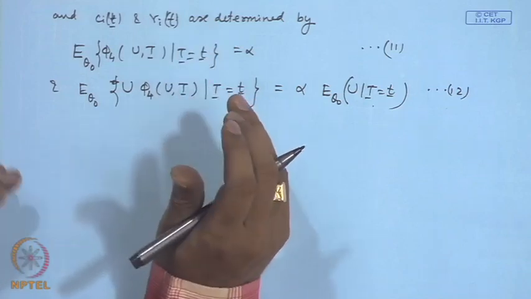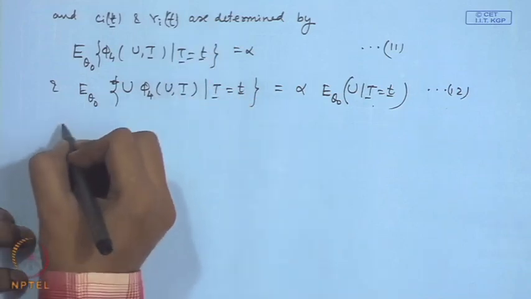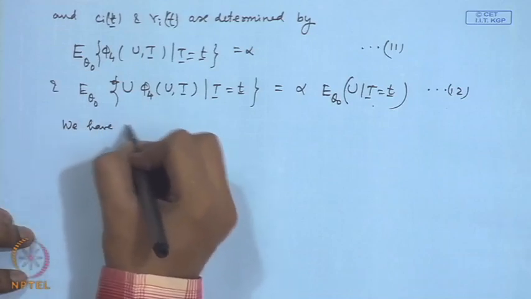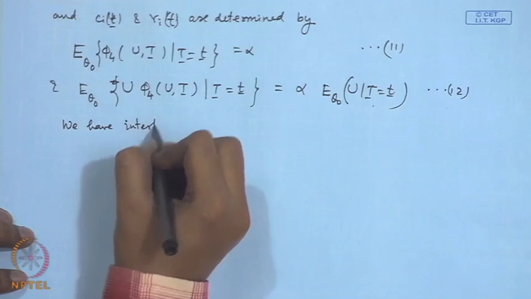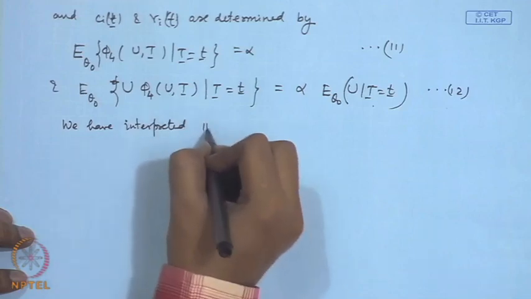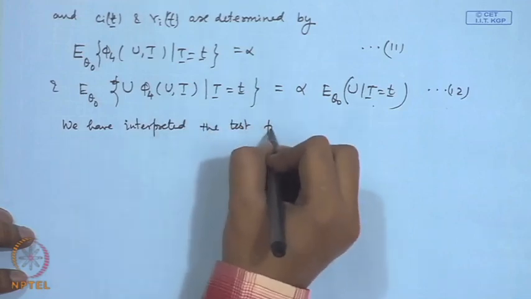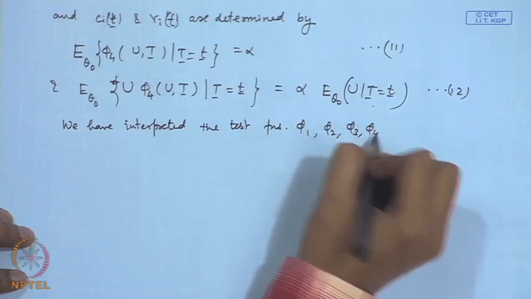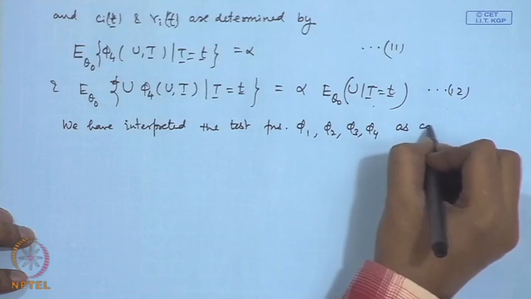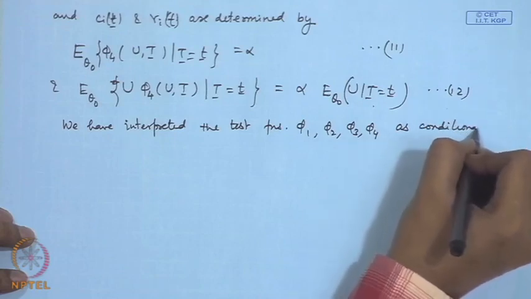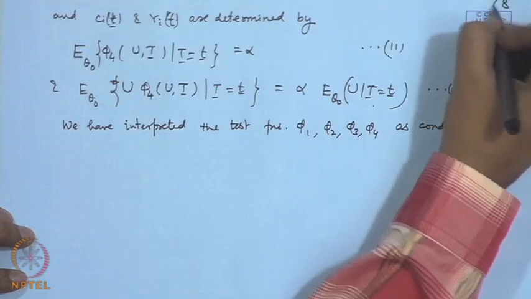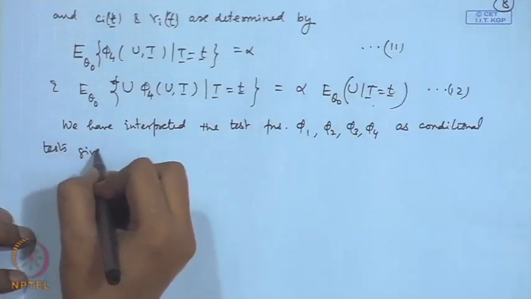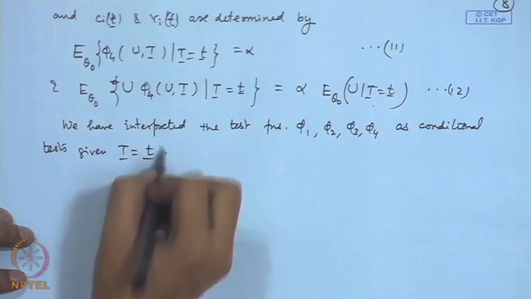So, what we can say, we have interpreted the test functions phi 1, phi 2, phi 3, phi 4 as conditional tests given t is equal to t.